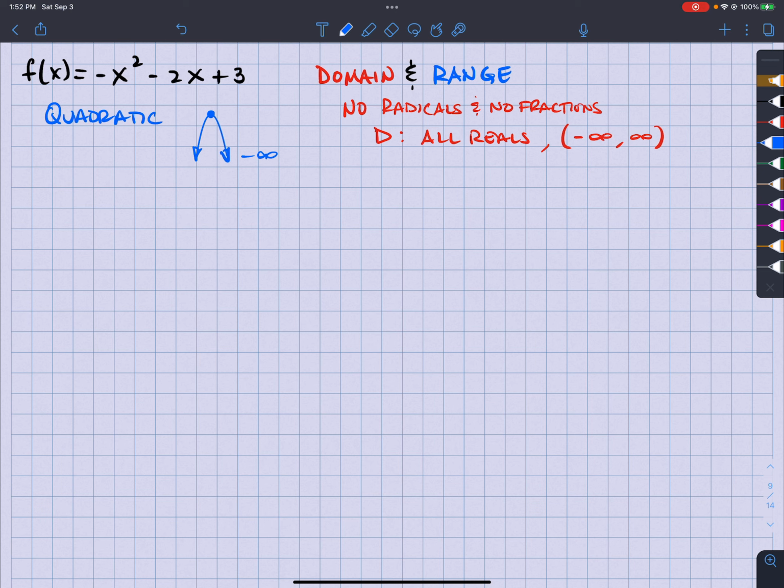Okay, so to do that, I have to go, okay, f of x is equal to, I have to separate the first two terms from that last term, right? I got to kick them out. But here on the first two terms, I can pull out a -1. So I'm going to go ahead and pull out -1.